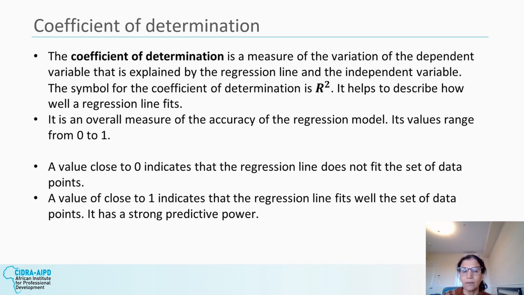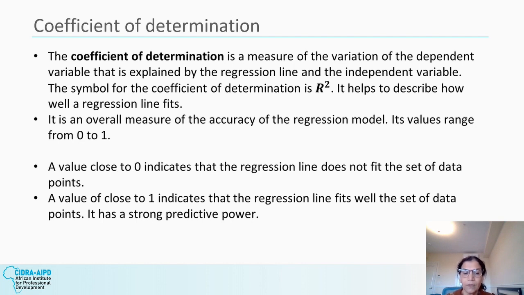It helps to describe how well a regression line fits. It is an overall measure of the accuracy of the regression model. Its values range from 0 to 1. The correlation coefficient ranges from -1 to 1, but now it is being squared, so it will not have any negative value.